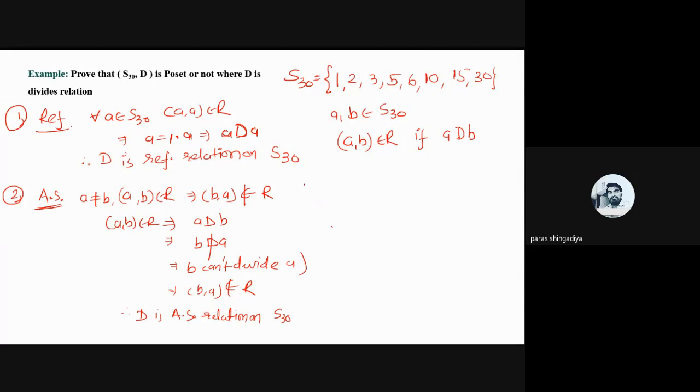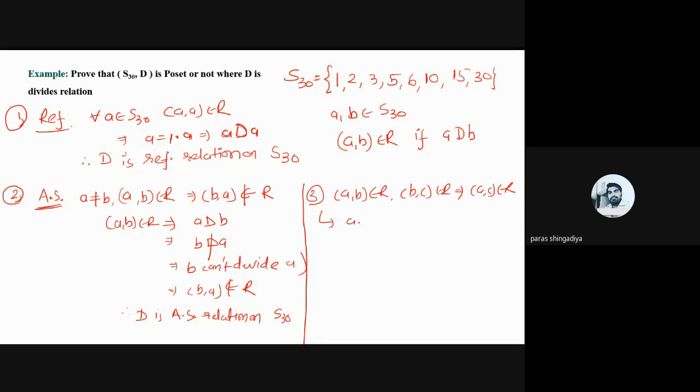Okay, the second condition is also satisfied, and now let us check the third one, transitive. So let us prove the transitive condition. Okay, for A, B, C belongs to S30, A, B belongs to R, B, C belongs to R. This implies A comma C also belongs to R. Okay.